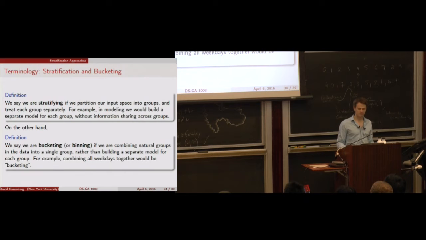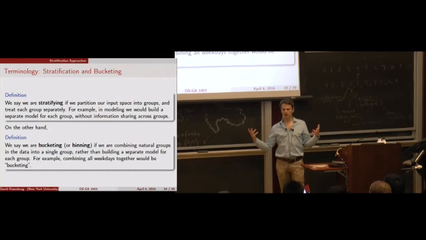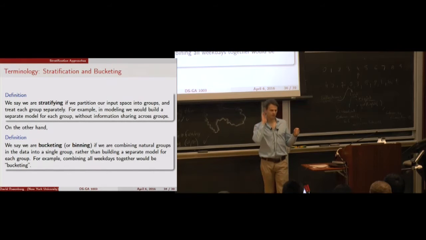All right. So in terms of bias and variance, would bucketing increase or decrease the variance? Bucketing would decrease the variance. Bucketing essentially increases the amount of data you have, which would decrease your variance. And what about bias? Bias would increase. Why would bias increase?